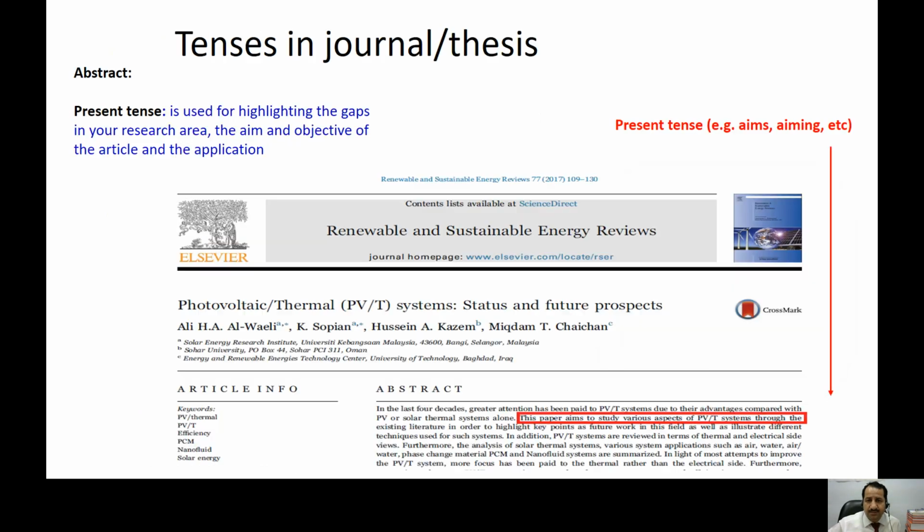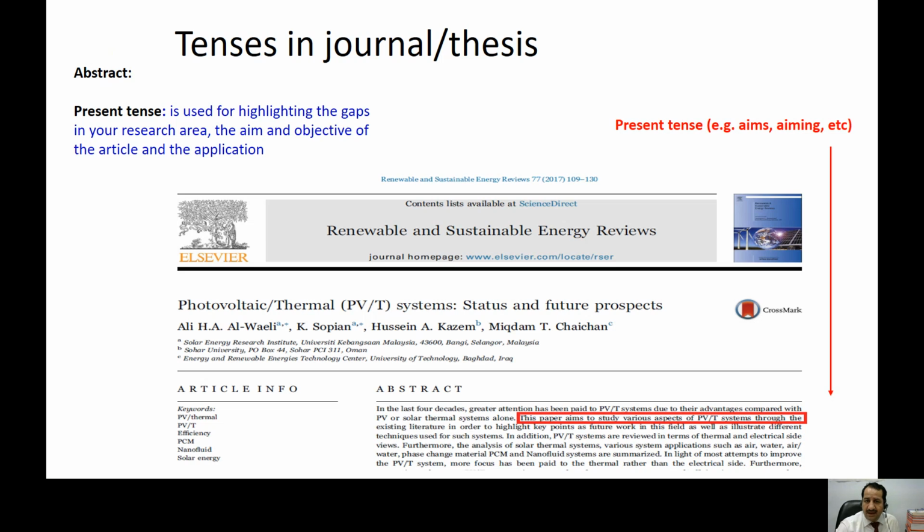Now tenses in journal and thesis. Here I will pick this paper we published in 2017, photovoltaic thermal PVT system status and future prospects. We published it in Renewable and Sustainable Energy Reviews in Elsevier.